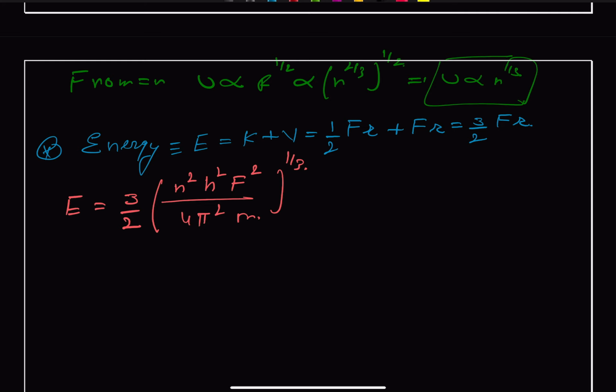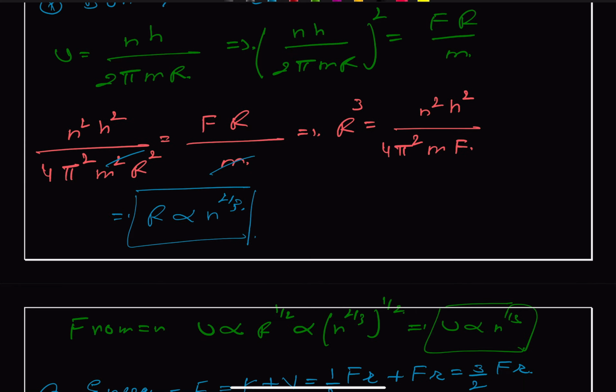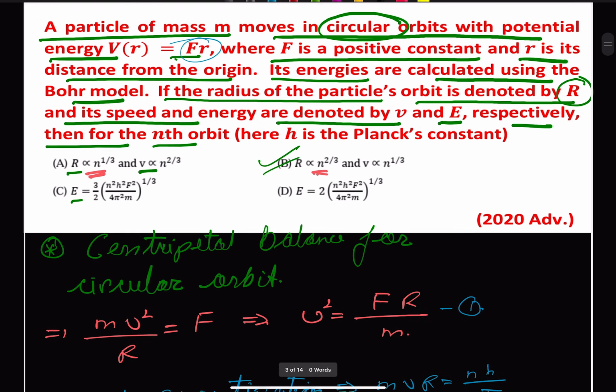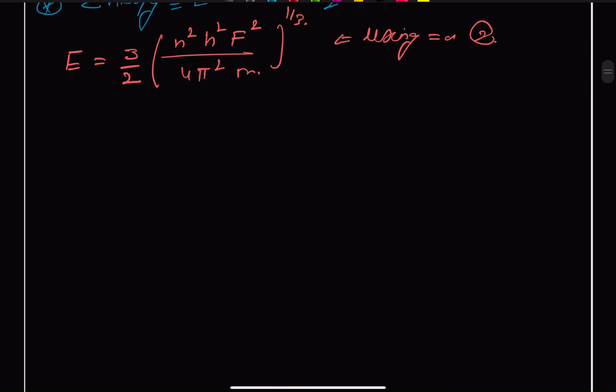Let us call this equation number 2. So using equation 2, the energy will be equal to 3 by 2 of this, so option number C is correct. B and C are our correct options.